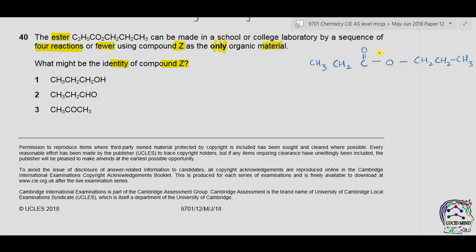Now this ester can be divided at the carbon-oxygen bond, and this portion is from a carboxylic acid. So it can be made from this carboxylic acid, which is a 3-carbon carboxylic acid, or propanoic acid. The second part comes from an alcohol, so we have a 3-carbon alcohol, which is propanol.